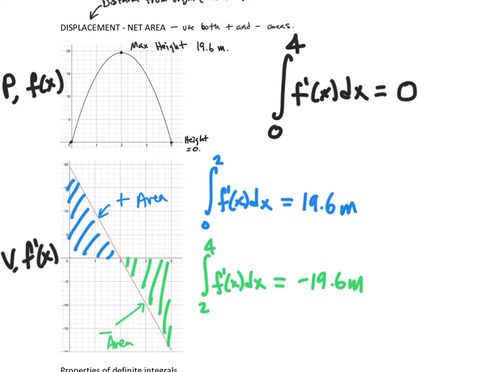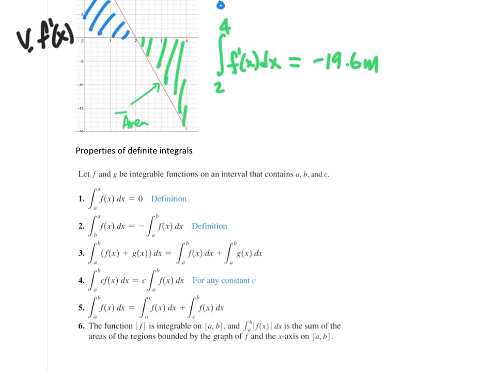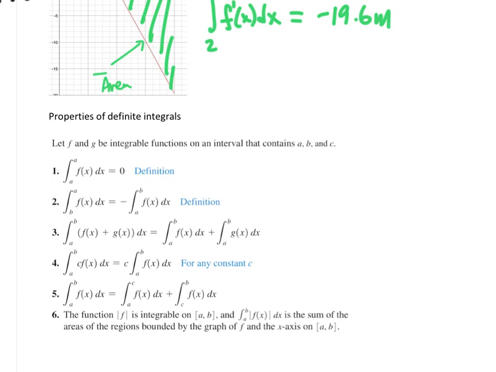And so what I do want to do now is talk about some properties of definite integrals. I'm going to let you read through these, and we'll do a lot of practice with them. We have a zero-sum property: if we integrate between a and a, of a line that doesn't have any area, it's 0.